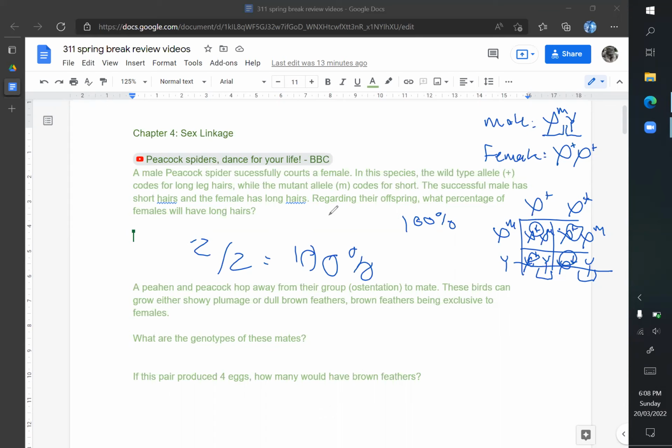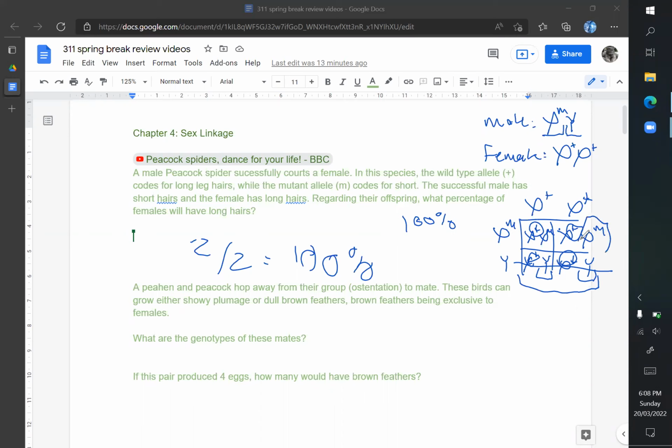It's X-linked dominant. If it were X-linked recessive, then, well, actually, if it were X-linked recessive, then half of them would have long hair. Only the females, or excuse me, only the males would have, or I'm confusing myself. Long hair, exactly.